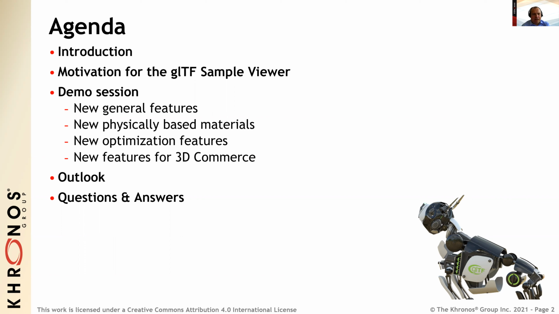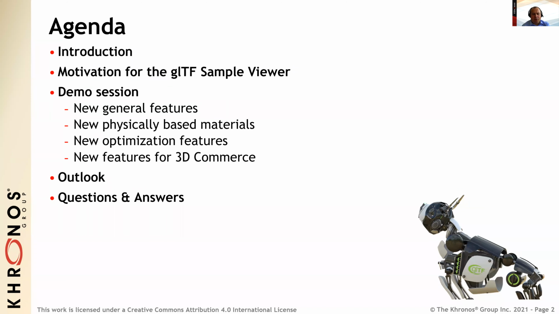I would like to show you the general features of this new sample viewer, like what's new, because there was previously a sample viewer. I would show you the new physically based materials, because the 3D Formats group from Khronos, which is doing the specifications for glTF, made progress.